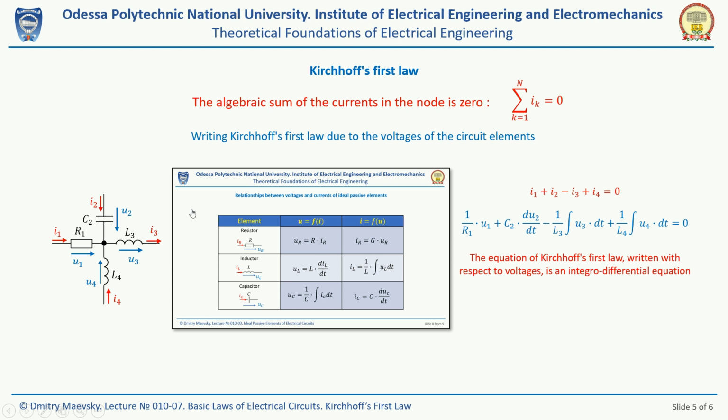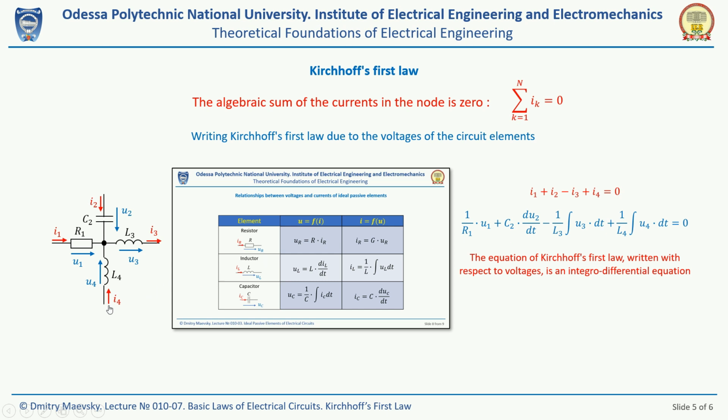For the capacitor C2, we have I2 is equal to C2 times the derivative du2 with respect to dt. And for inductor L3, we can write I3 is equal to 1 over L3 times the integral of u3 with respect to dt.